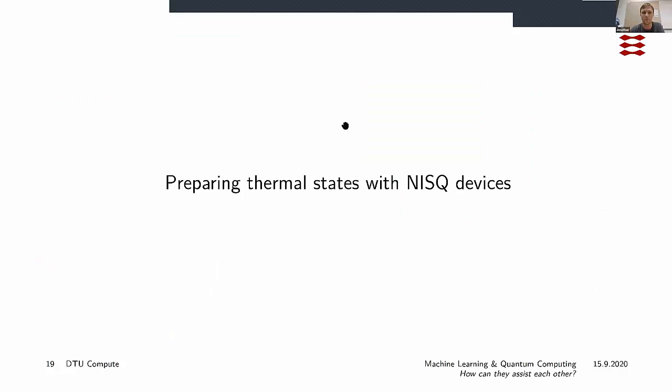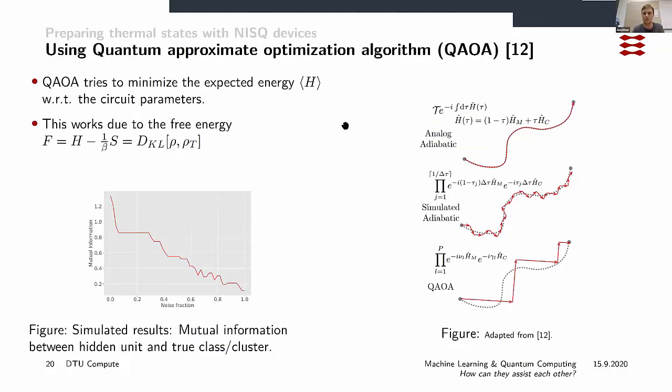I want to mention one approach, from some guys who, I'm pretty sure, are from Canada and the US, who use QAOA, which is a specific variational circuit architecture, to approximate this thermal state.